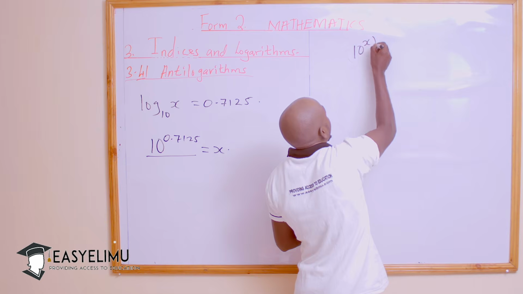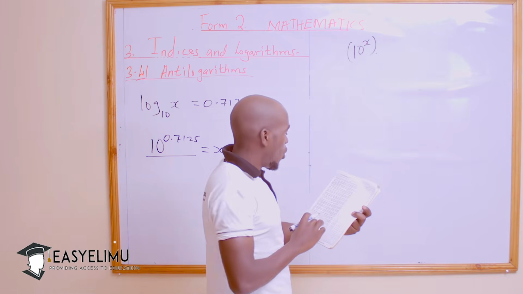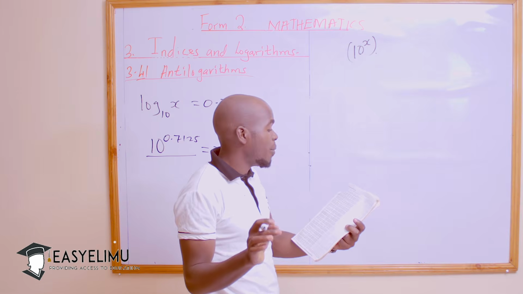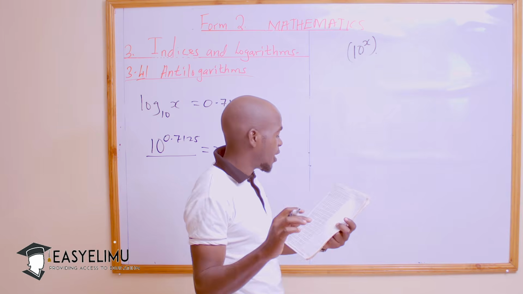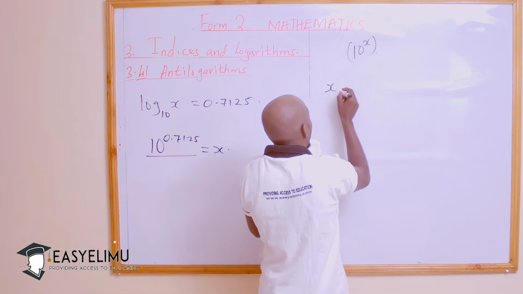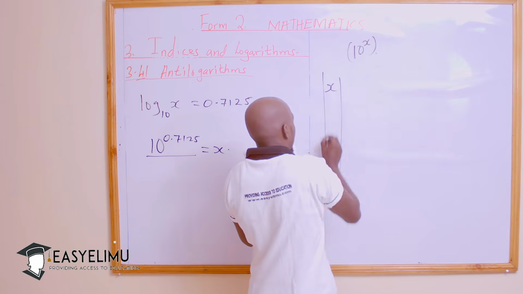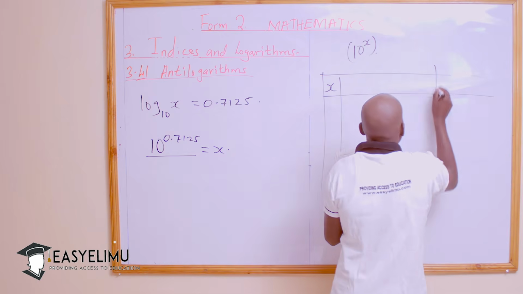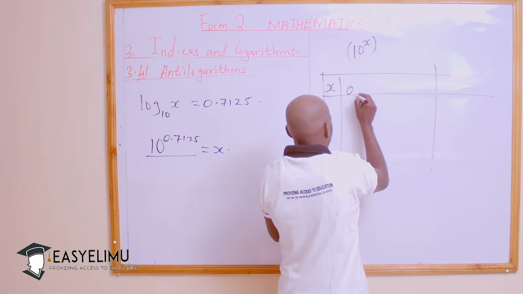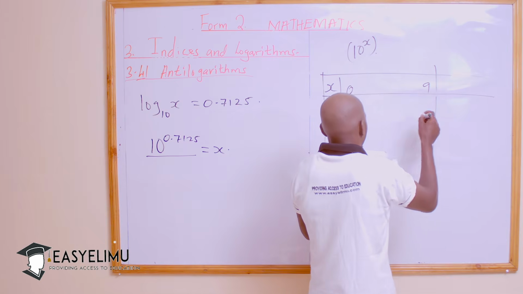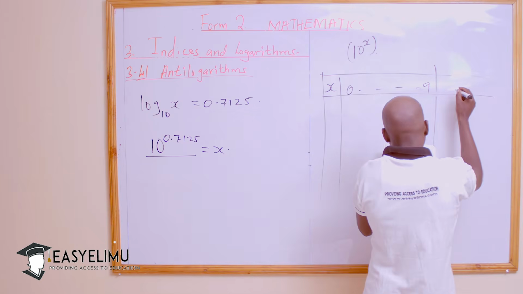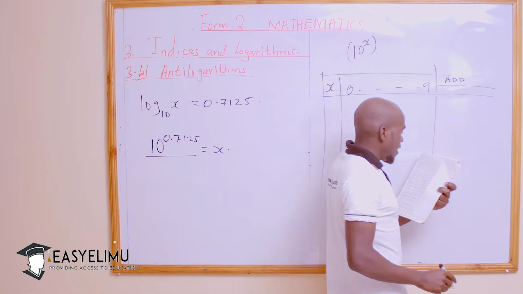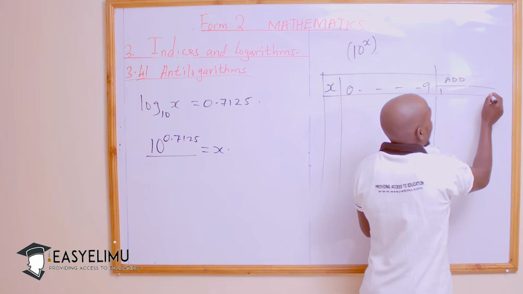Under there we have something similar to what we had in the logarithm table, whereby we have a column of x, then another column which runs from 0 to 9, and then the third one having add, which runs from 1 to 9.